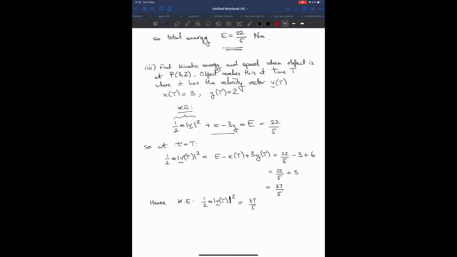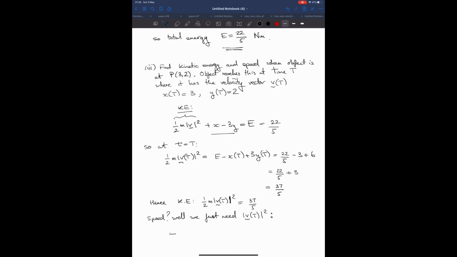Now, what about speed? Well, we just need the absolute value of the velocity, which is V of t, and that comes straight from this equation, no problem.